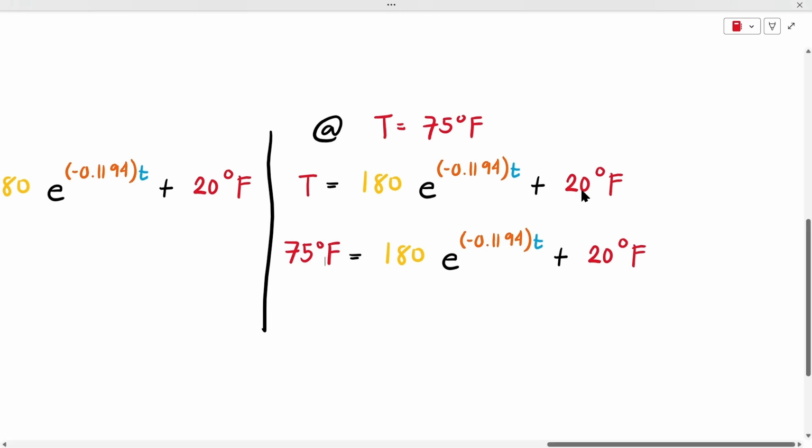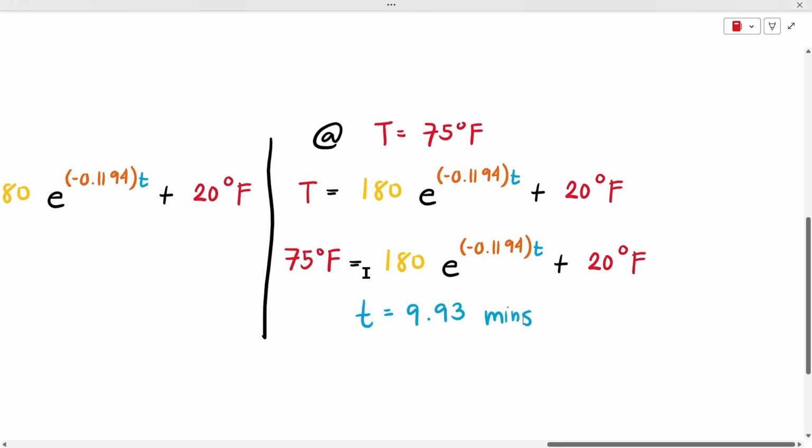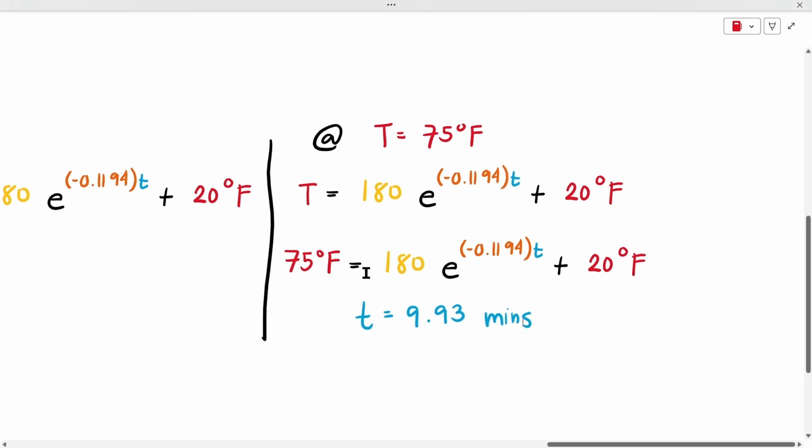If you further evaluate this, the time here will be equal to 9.93 minutes. So this is the process on how you get the time.